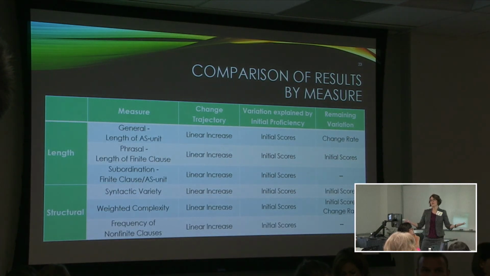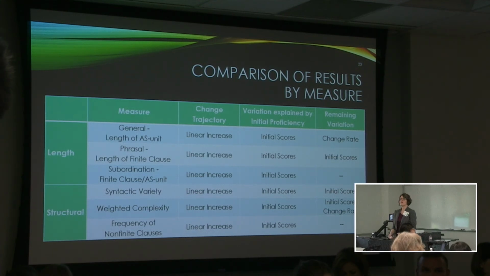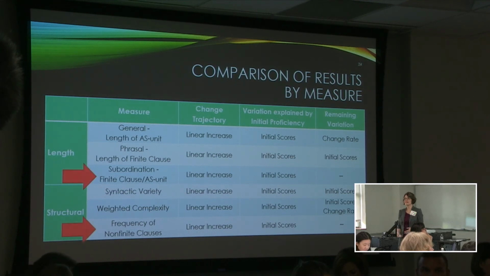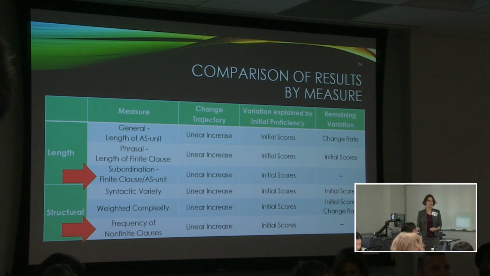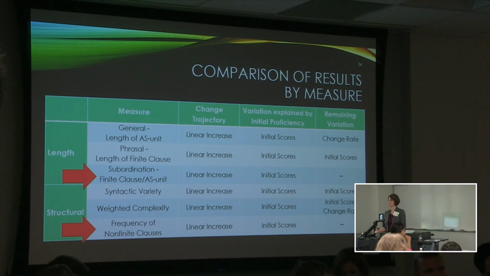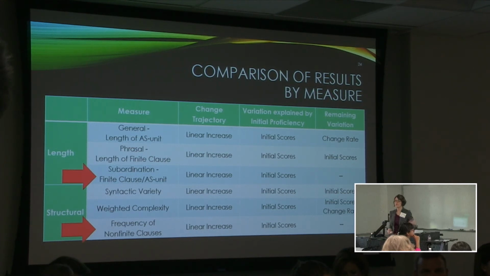Okay, so here it is, all 6 of them, all shoved in together. And what do you notice? One thing that I find very important is that the subordination by finite clauses per AS unit and the frequency of non-finite clauses both have a similar model pattern, which is really interesting to me because these are complementary measures.